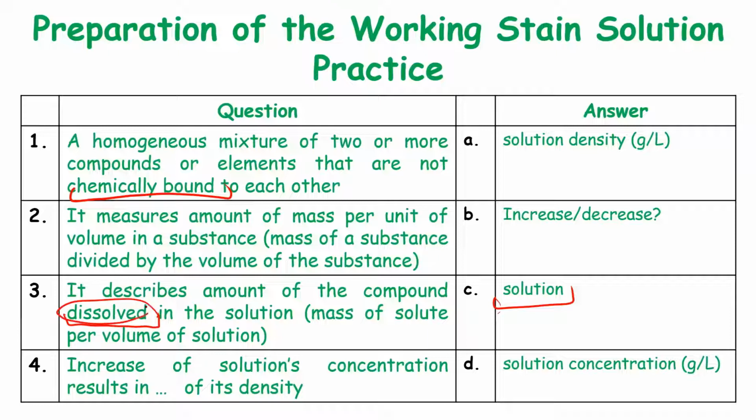The main word here is dissolved, which gets you to the question of solution. They can be in the same measure units, but for the sake of this particular task, this part is related to solution concentration, while this part is related to solution density.